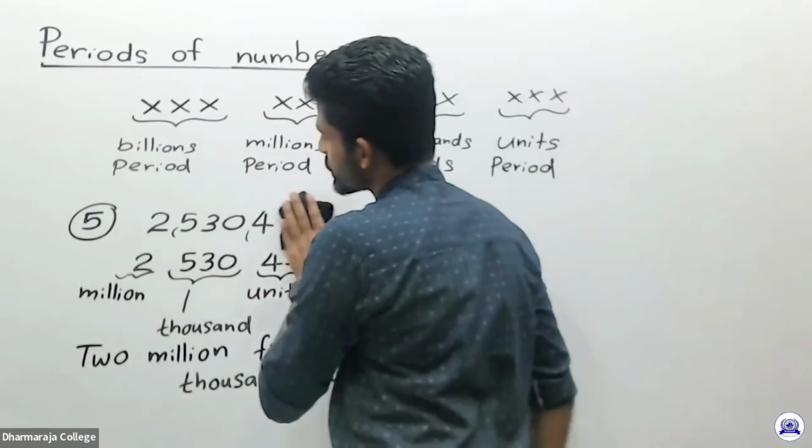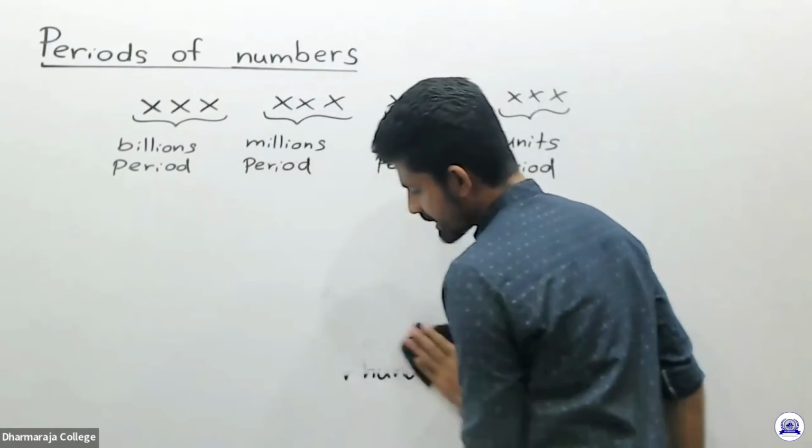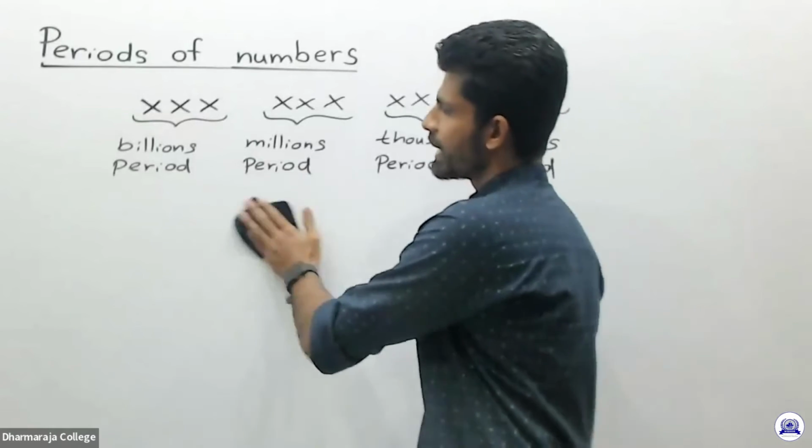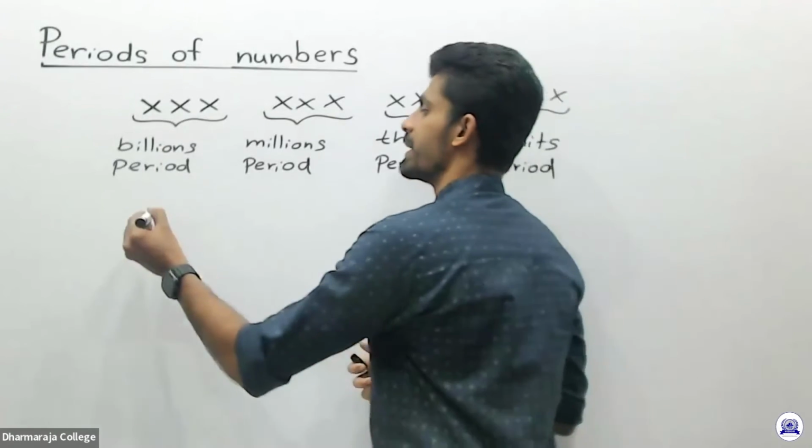Let's quickly move to question number 6. Now you can write down any numbers, right? Shall I move to the millions period?